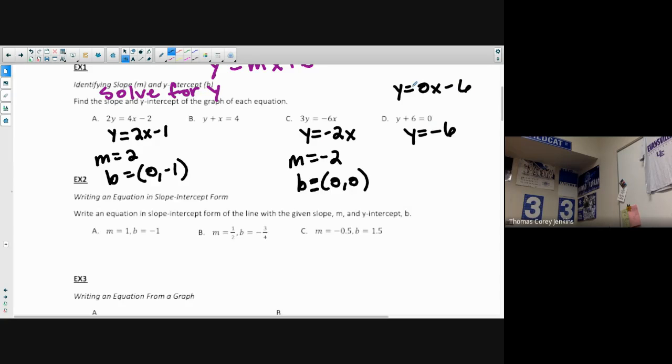So the slope is 0, and the y-intercept is b equals (0, -6). So my follow-up question to you here would be, what kind of line is this? There's a special kind of line that has a slope of 0. So take a second and try to answer that.